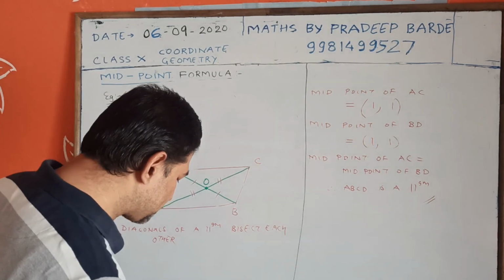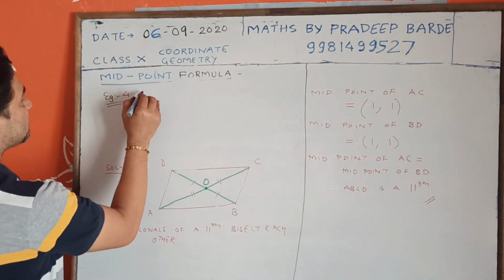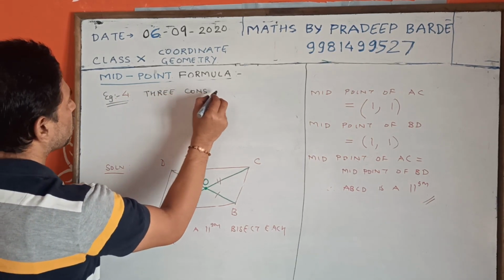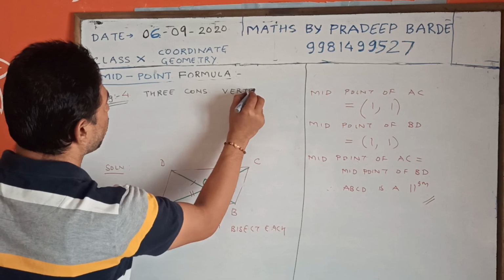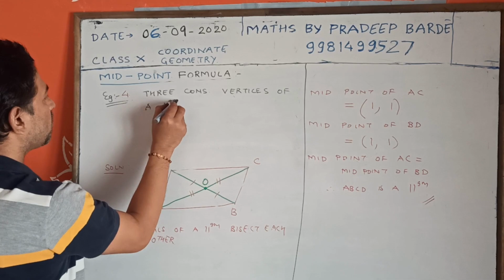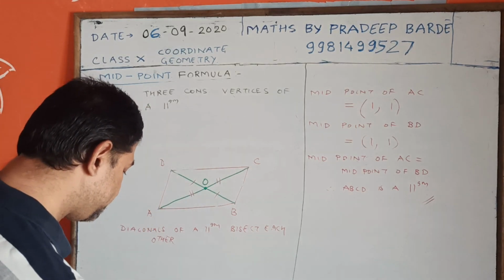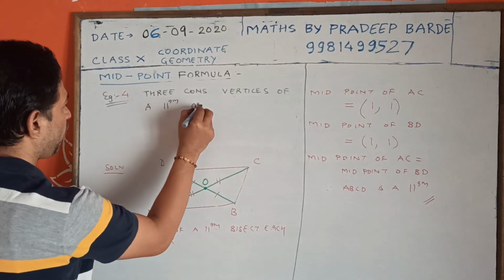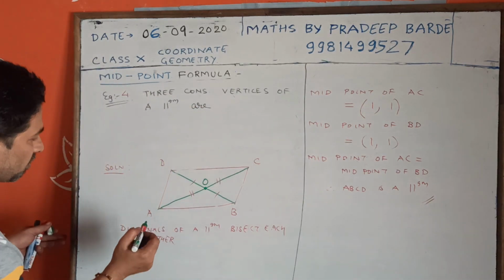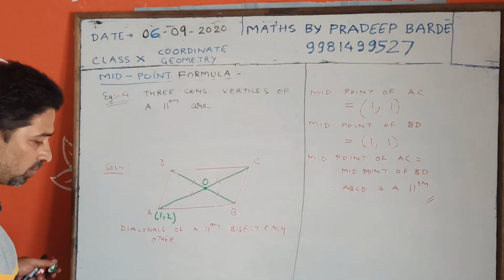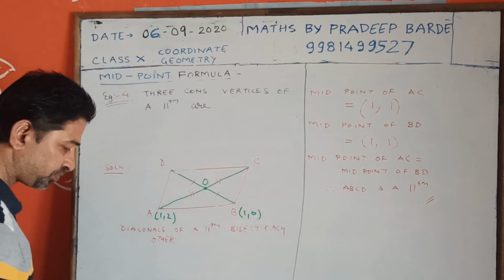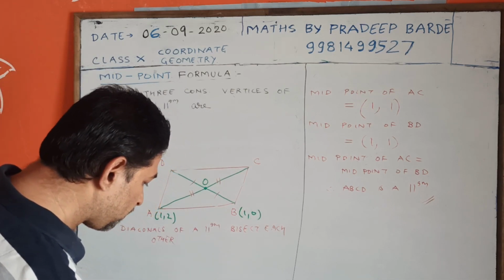Next example is: 3 consecutive vertices of a parallelogram are A (1, 2), B (1, 0), C (4, 0).